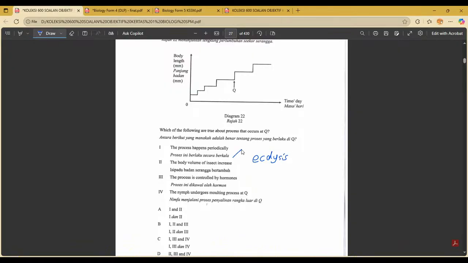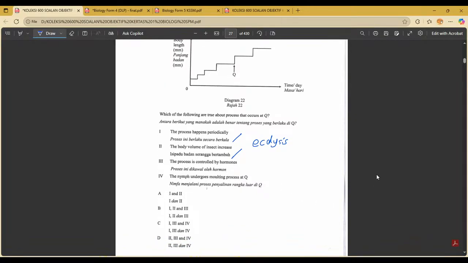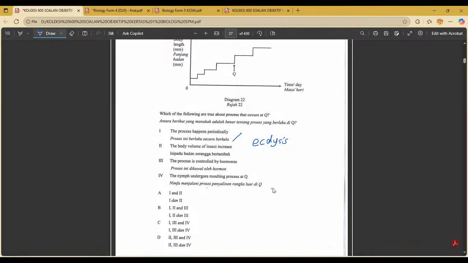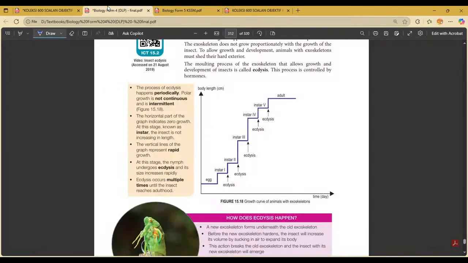Process happens periodically. Body volume increases. The nymph undergoes multi-process. So it's one for cluster. Body volume not increase.